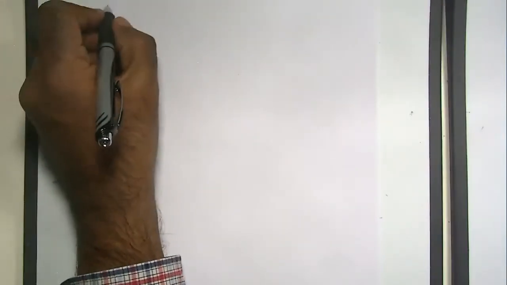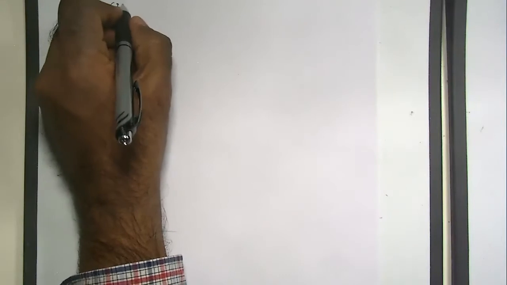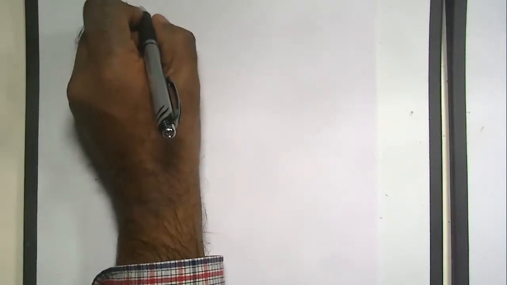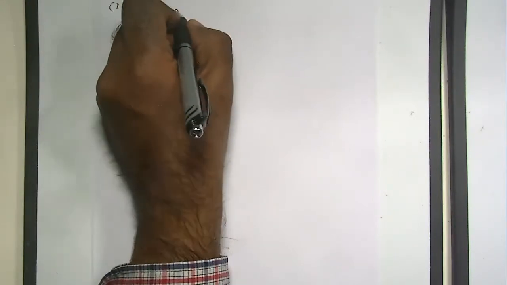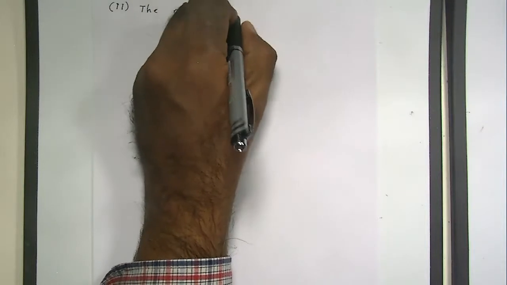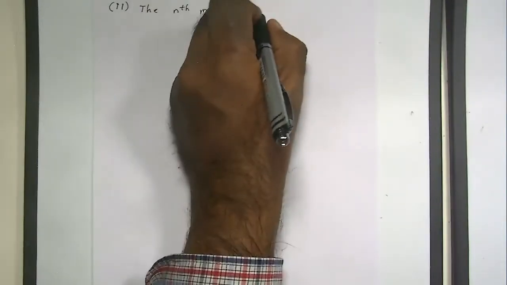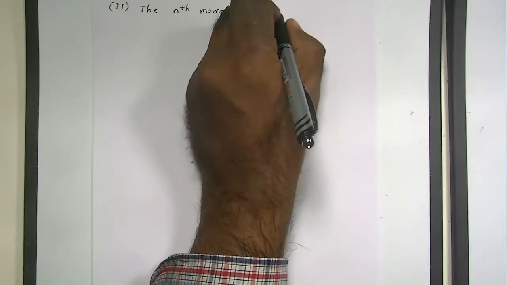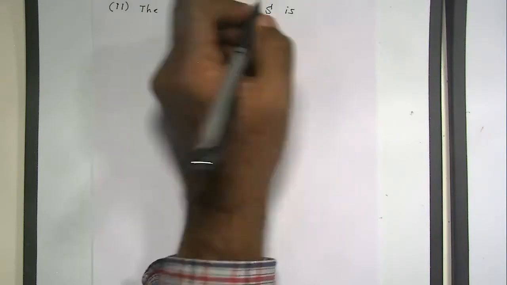The second part of B is to derive the nth moment.